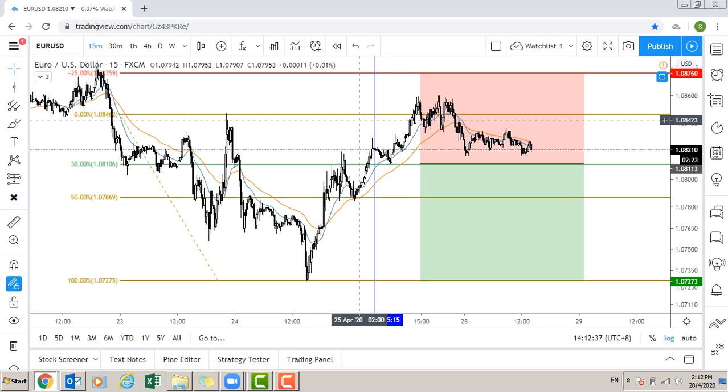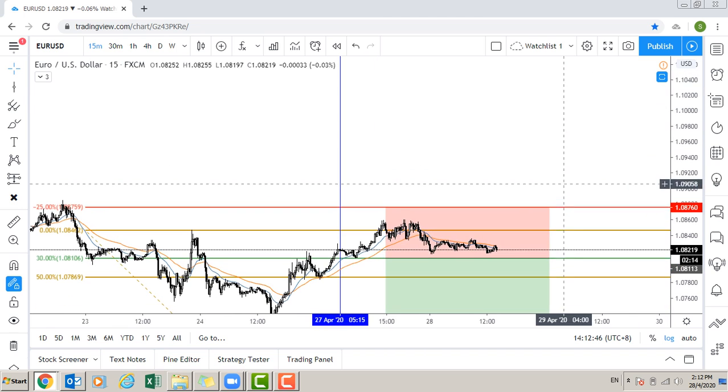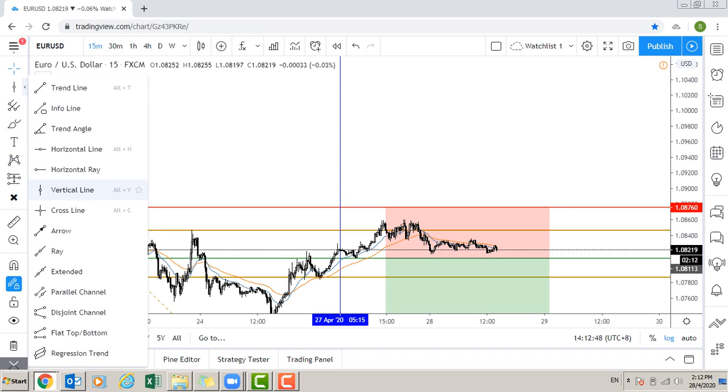But this strategy is based on patterns. Very often, if you look at trends, you will see this kind of setup.